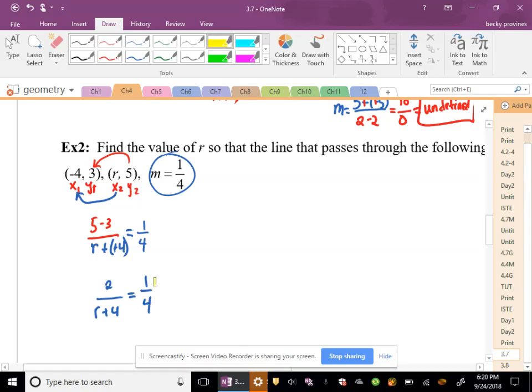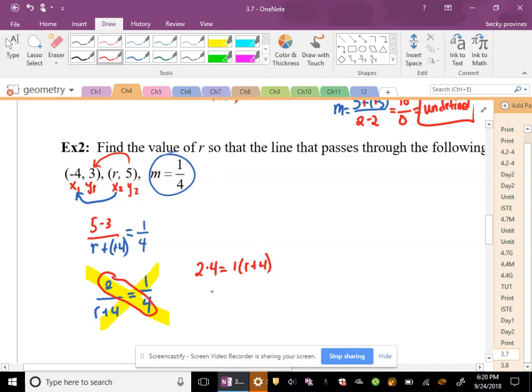Now, what we're going to do is cross multiply. So 2 times 4 equals 1 times r plus 4. Now, did it really matter which side I put the information on? It doesn't. But the 2 has to be multiplied by the 4 because they are opposites.